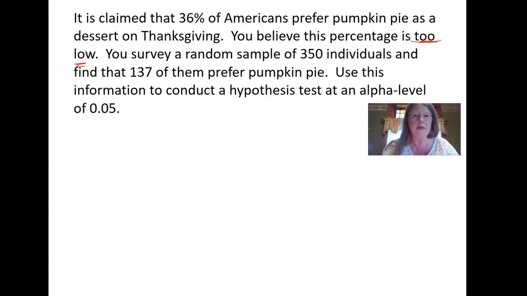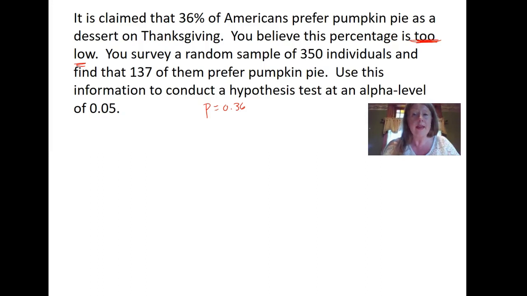So again, let's start from the beginning. We have a claim about a population parameter. Here we have a claim about a population proportion. So I'm going to take 36 and turn it into a proportion. So p equals 0.36. I'm then going to look at some of the other information that I have here.